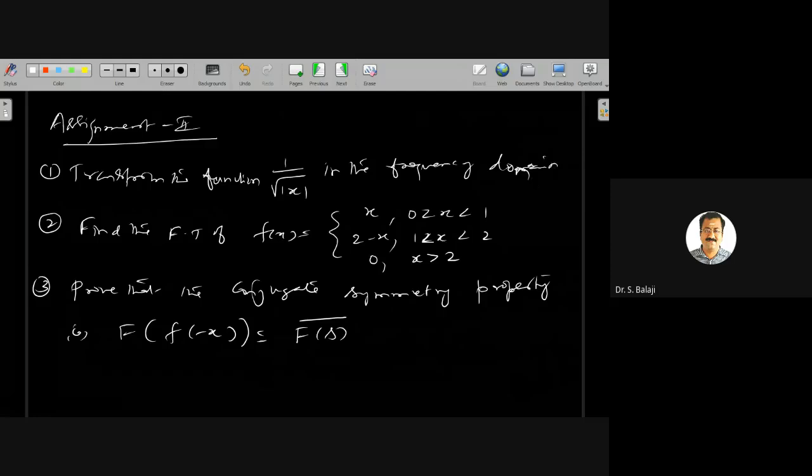Frequency domain means the Fourier transform of this function. This is the implicit meaning. Take the first one: transform the function 1 by square root of mod x in the frequency domain.